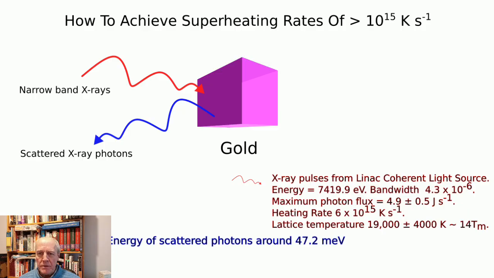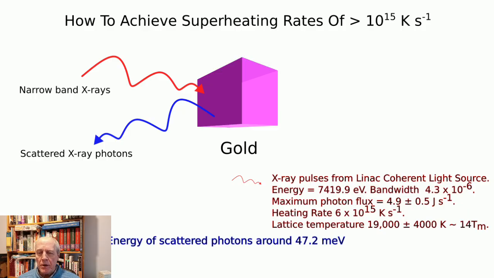The energy of the X-rays that they were using was just over 7,400 electron volts, and they monitored the temperature of the metal by detecting scattered X-rays.